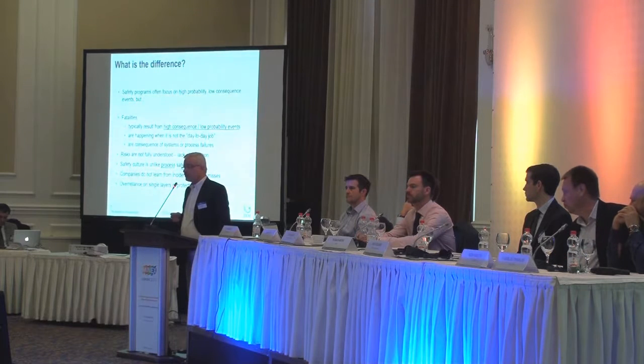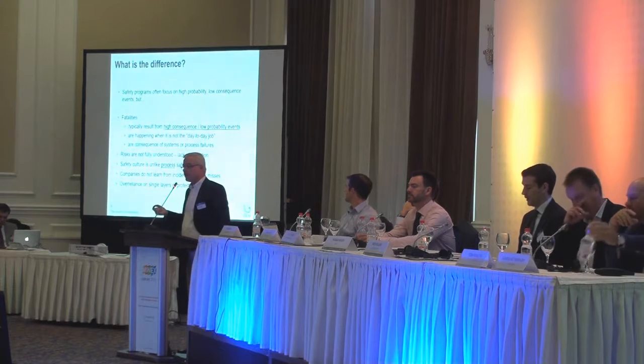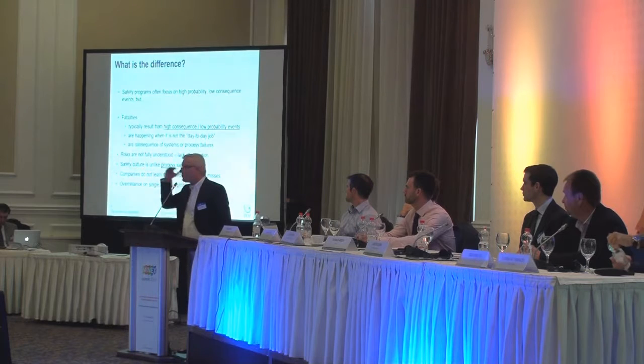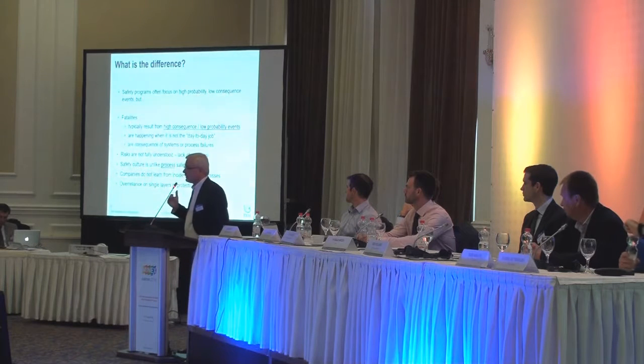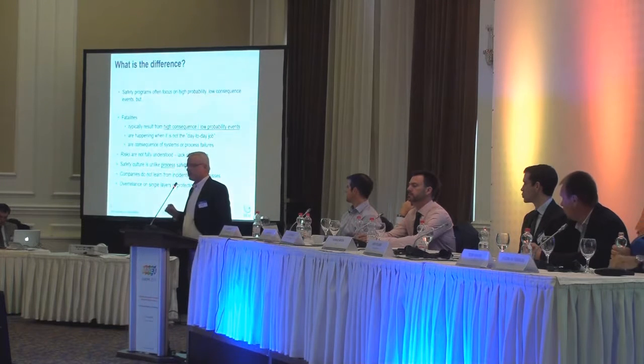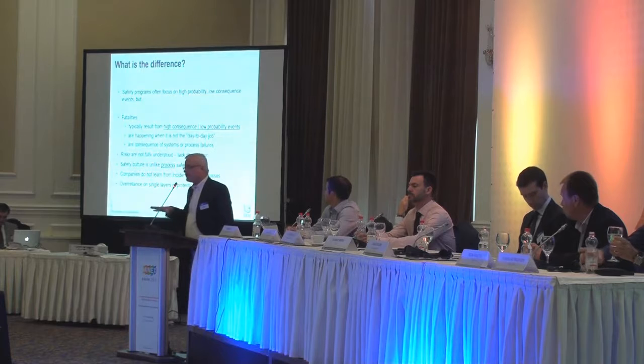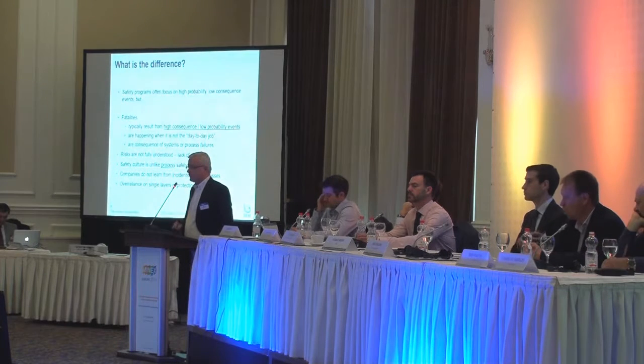They typically result from what's called high consequence but low probability events. They do not happen that often, so they're not top of mind for people. And they don't always happen in the typical routine environment, but often in maintenance activities, non-routine activities.